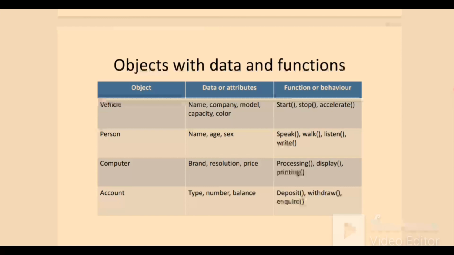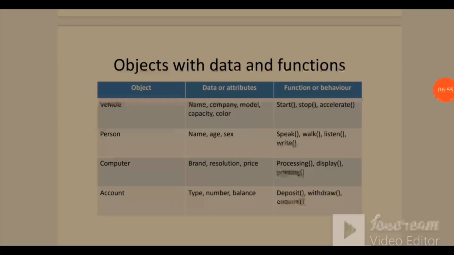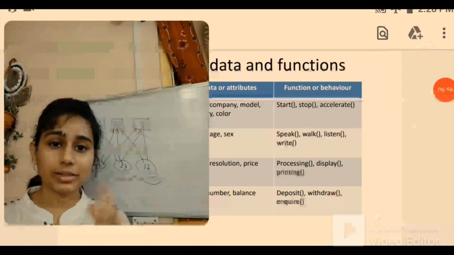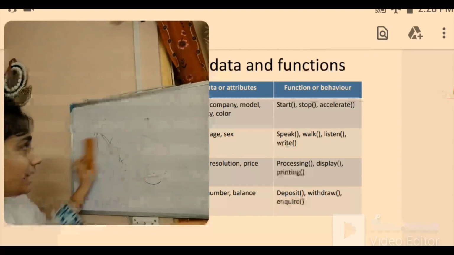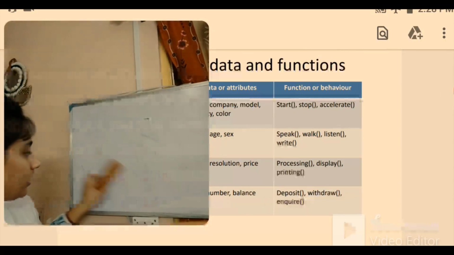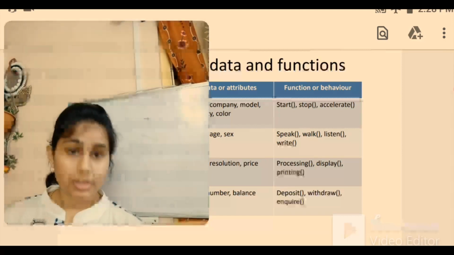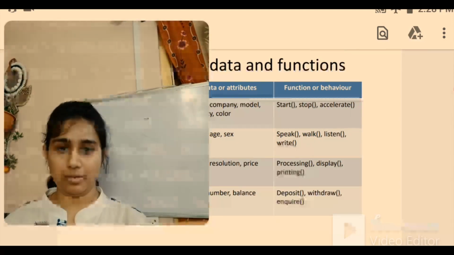If you consider a person: name, age, sex, and behavior like how the person speaks, walks, listens, writes. So you can identify any object using its attributes and behavior.